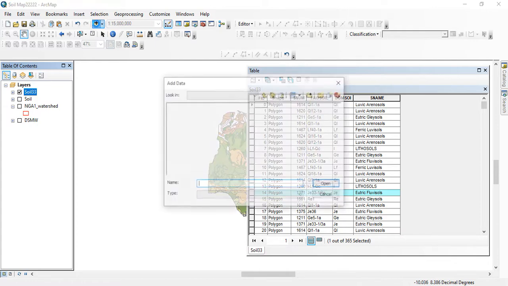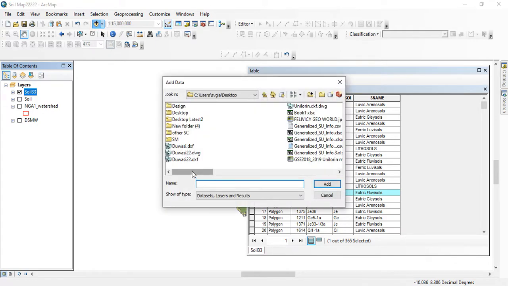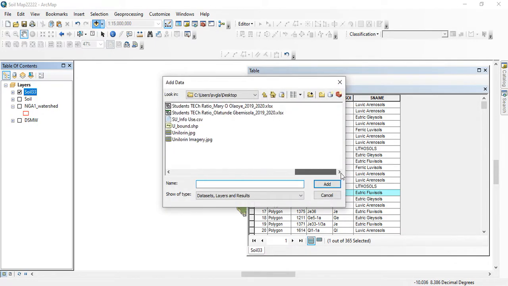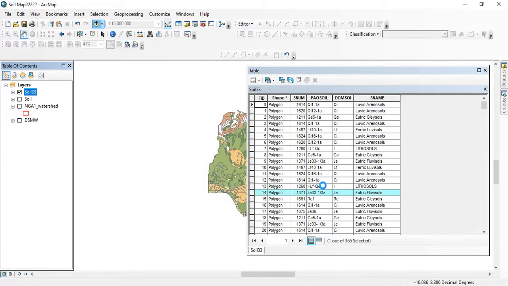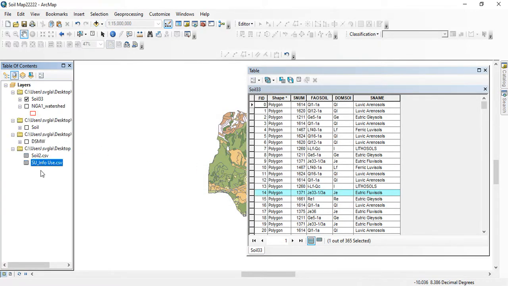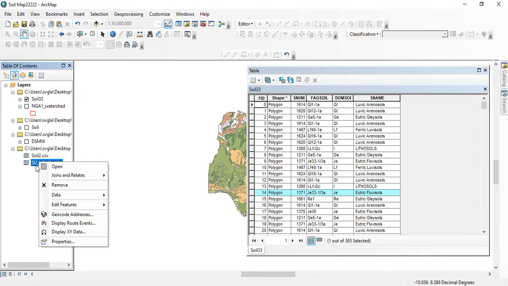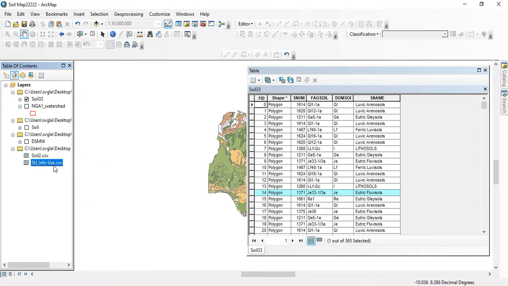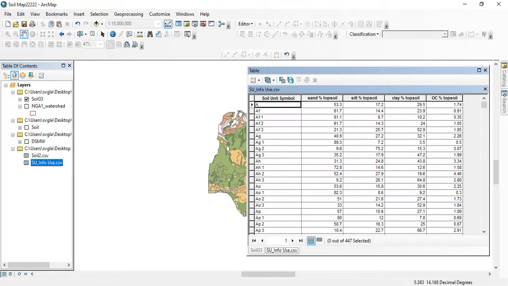I need to add the data that I've extracted, which, don't forget, you have to save in CSV format. So here I have soil info use. This is what I want to use, and I will open it so that you see it.